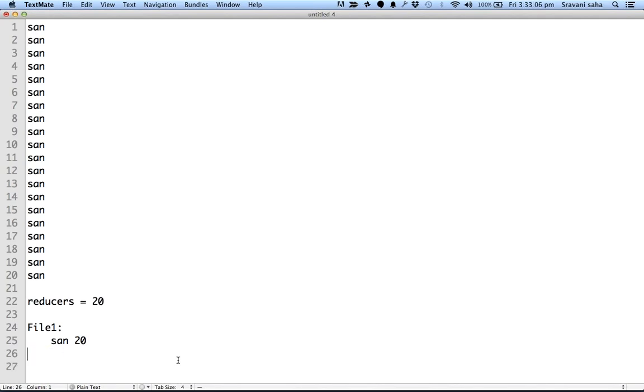File 2 will be empty. There will be 20 files, but 19 files will be empty and one file will contain all of the key's count.